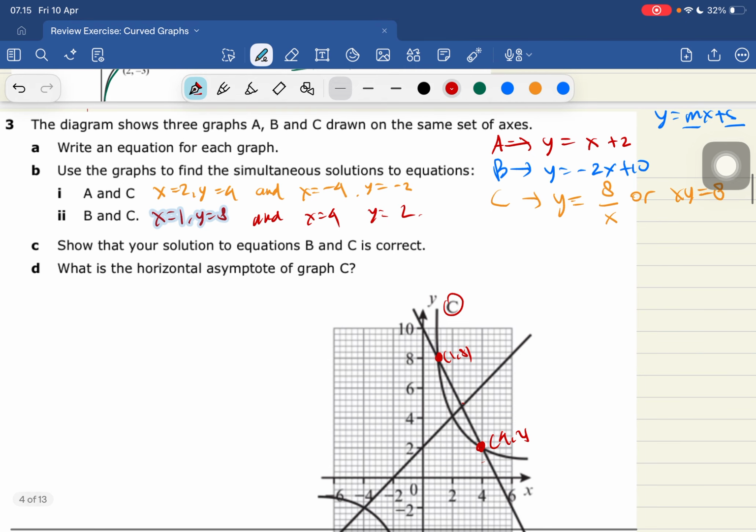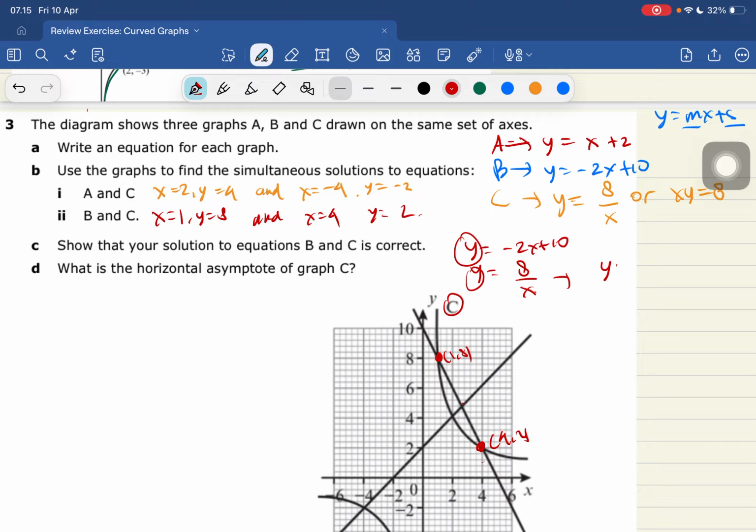So the equation of B, let me write it here, y equal to negative 2x plus 10. C is y equal to 8 divided by x. We can just equate the two, y equal to y. So negative 2x plus 10 equal to 8 divided by x. So we can multiply it, negative 2x squared plus 10x equal to 8.